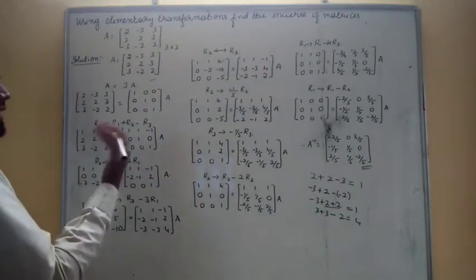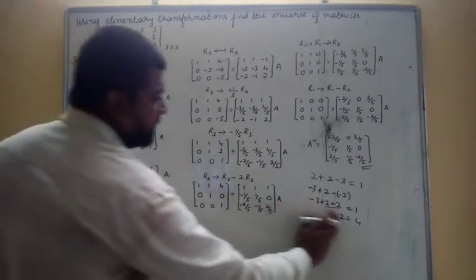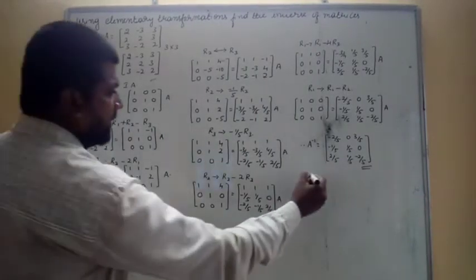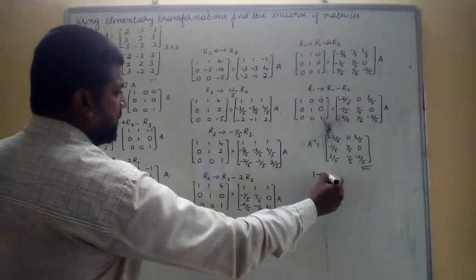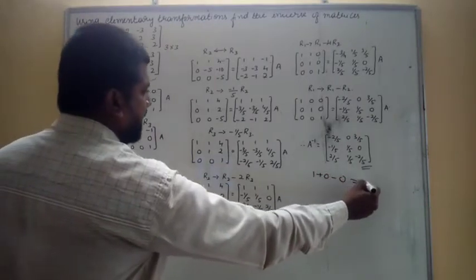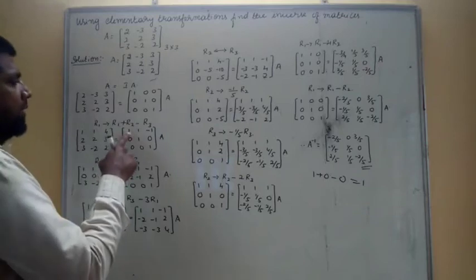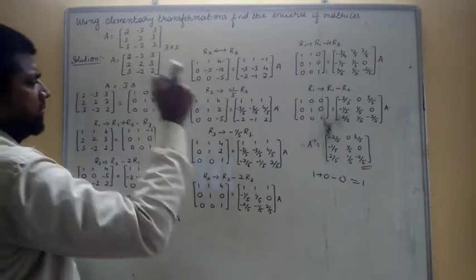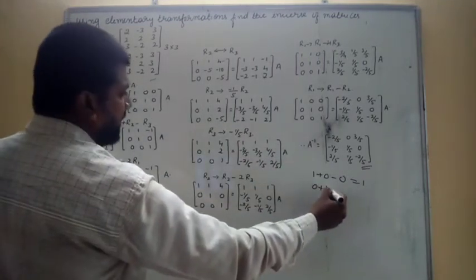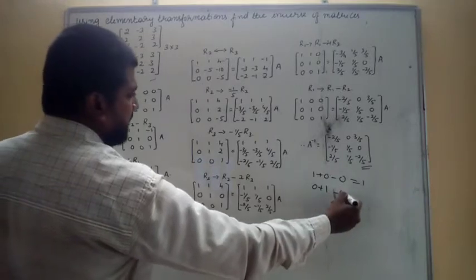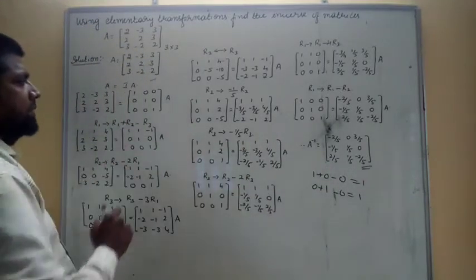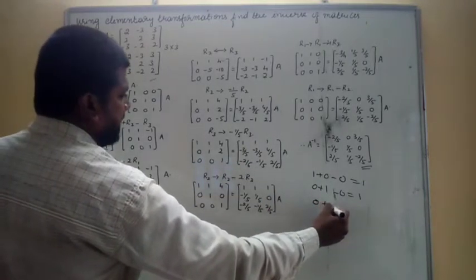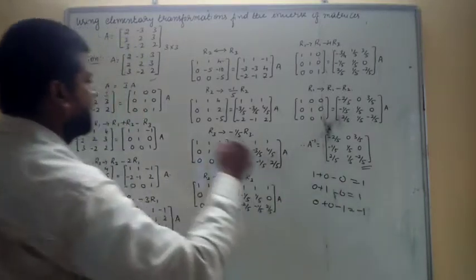Same thing we apply on the right side. The first element is 1 plus 0 minus 0, which gives 1. The second element is 0 plus 1 minus 0, which gives 1. The third element is 0 plus 0 minus 1, which is minus 1.